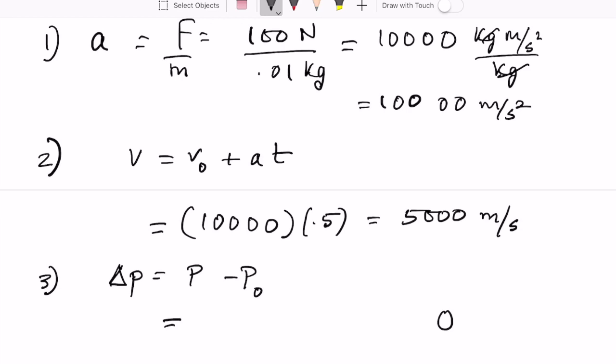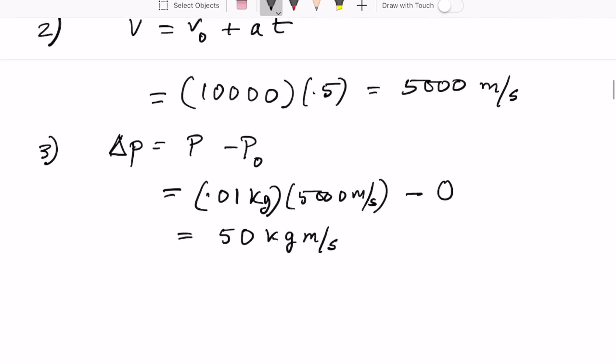The final momentum is mass of the bullet, which is 0.01 kgs, multiplied by the velocity of the bullet, which is 5,000 meters per second. And so that's just going to be 50 kg meters per second. So that is the change in momentum, right?